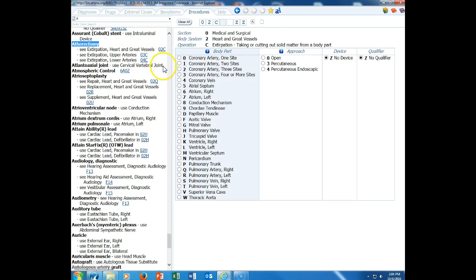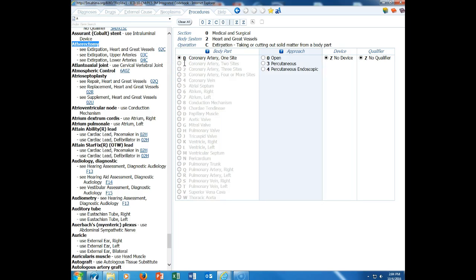So that's going to take us to table 02C. And it was one site. This tells us that it was percutaneous, so the approach is percutaneous, and there's no device and no qualifier. So 02C03ZZ.